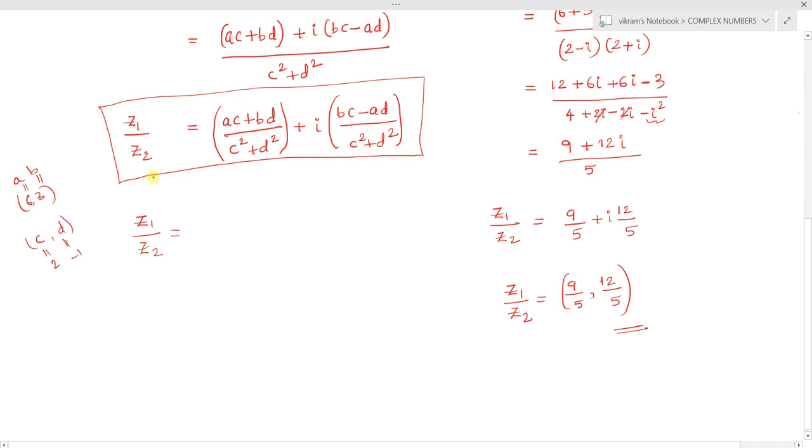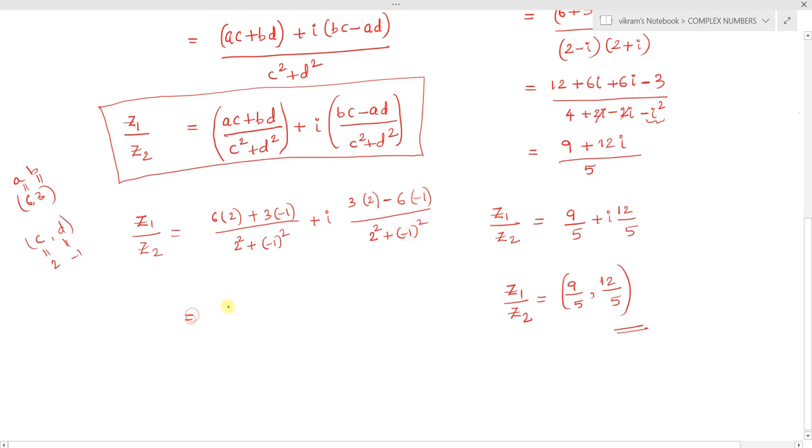So by using the formula, what we are getting: A is equal to 6 into C is 2, plus B equal to 3 into D minus 1, by C square 2 square plus D square minus 1 square, plus iota times of B, which is 3, and C is equal to 2, minus A is equal to 6 and D is equal to minus 1, by C square plus D square, minus 1 square.